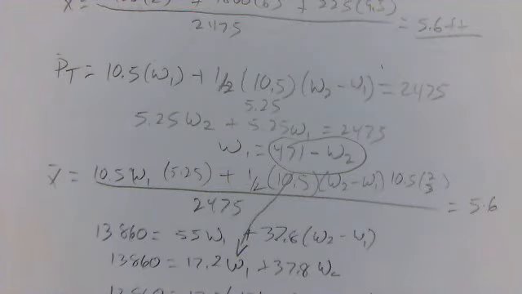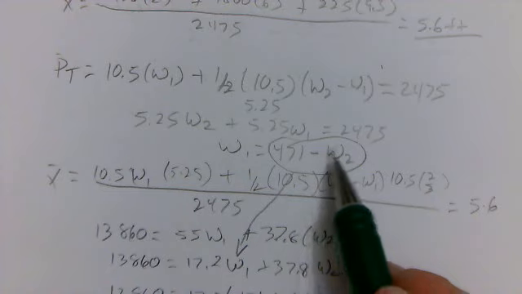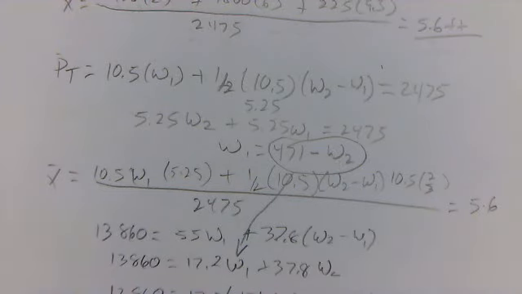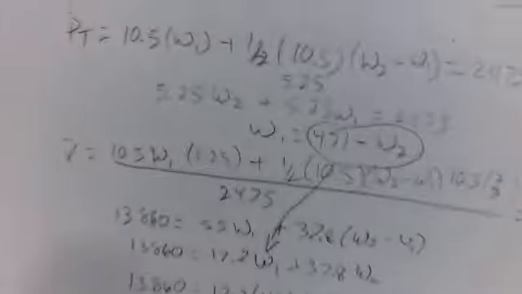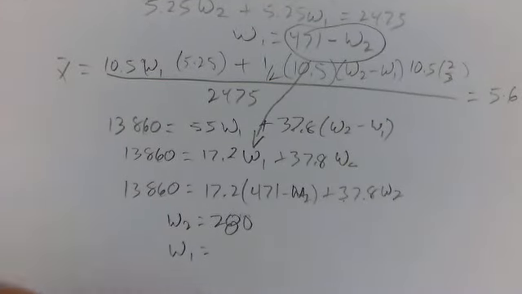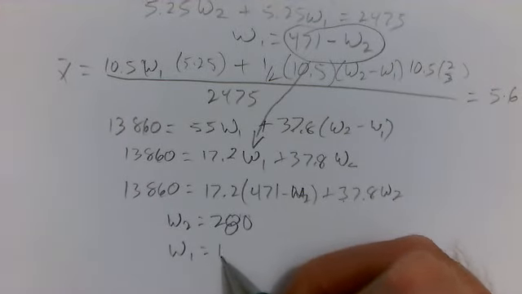If we distribute that and combine the W2s, we get W2 equals 280. Putting that into there and subtracting, we get W1 equals 191.